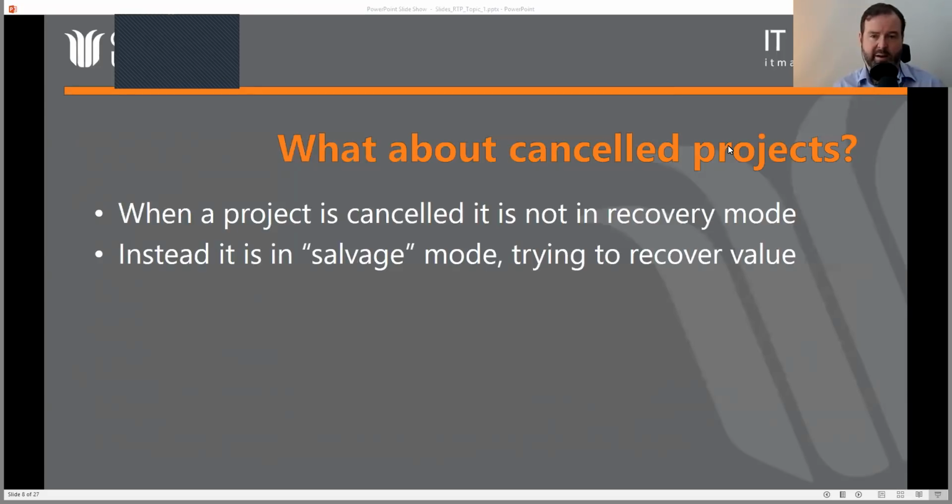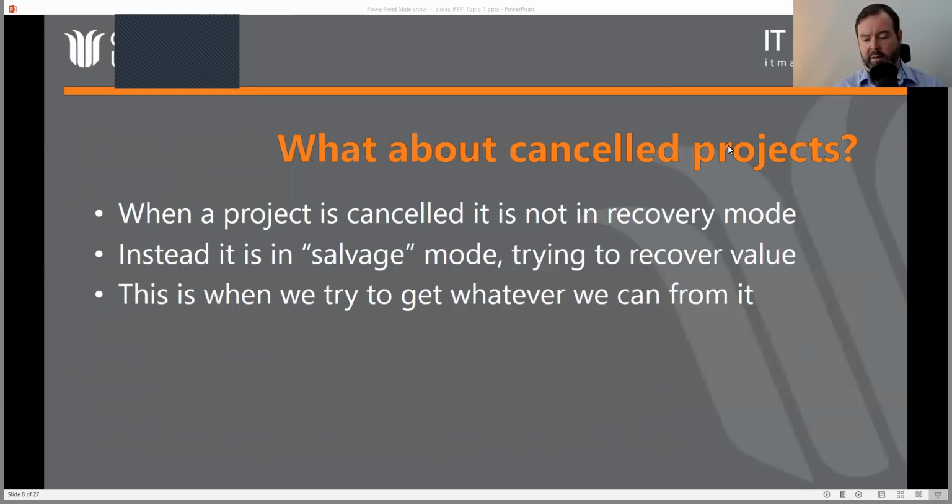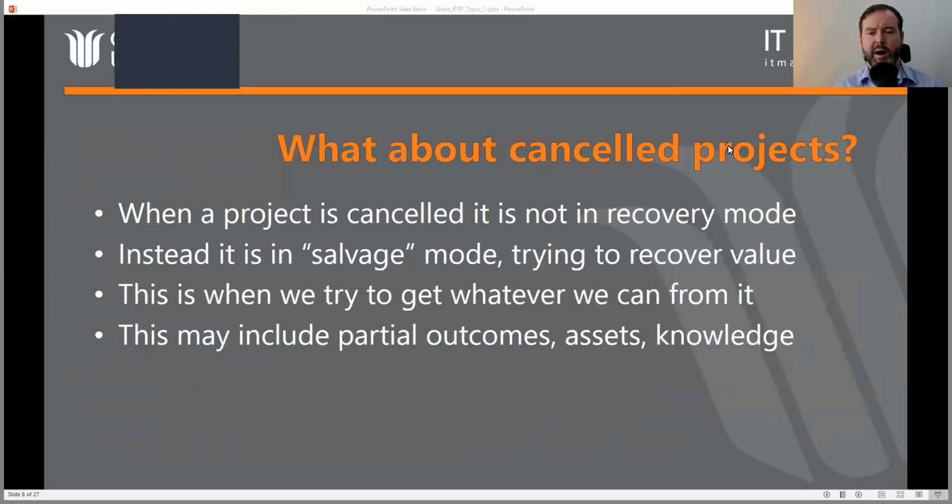This is because, depending on how far the project has gone, there may still be value available in it. It could be value in some outputs that were created, or in some investment that was made, some infrastructure, some assets that were created, some knowledge that was obtained. All these things can mean that we might have something here to salvage. So this doesn't normally need project recovery. It's a very different process.